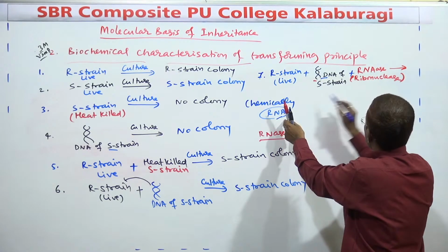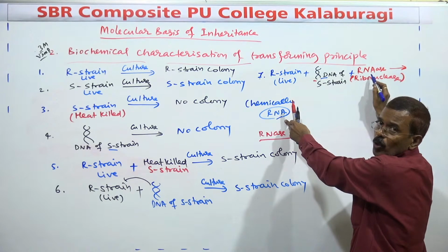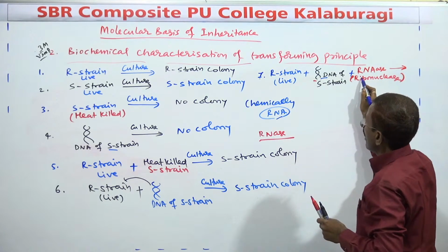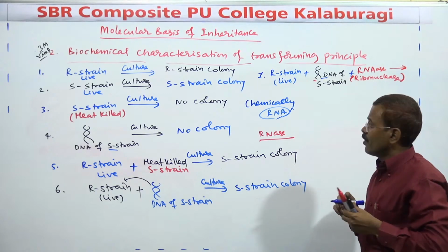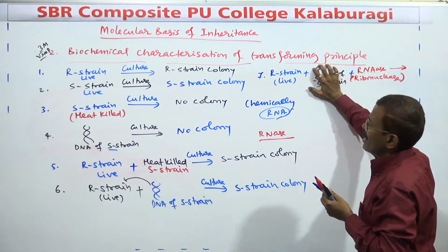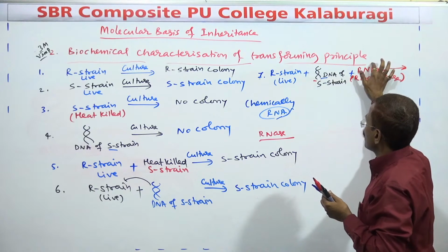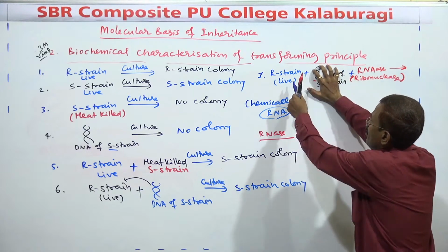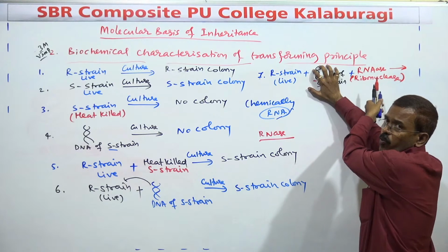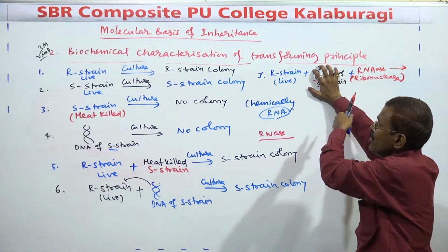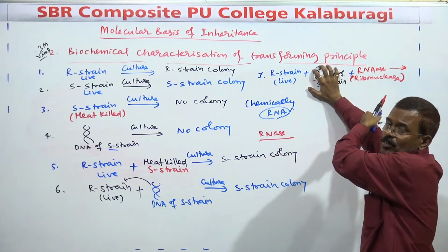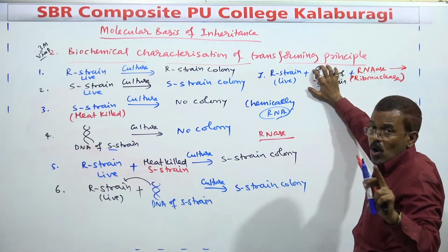Then this RNA will be acted on by ribonuclease enzyme. This enzyme can break down this RNA into its components. That means this genetic material is digested by RNase. Then there should not be any transformation. That means we should not get smooth strain here.